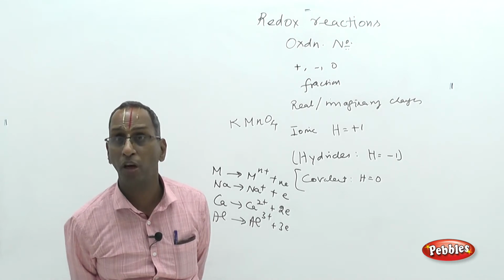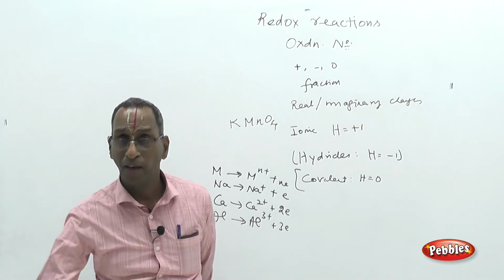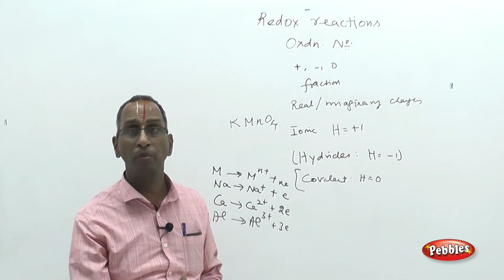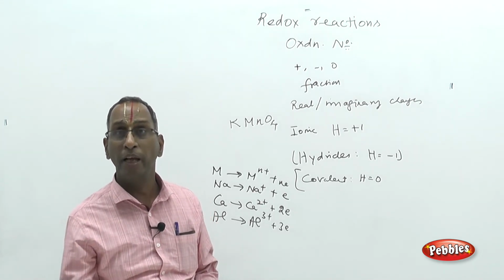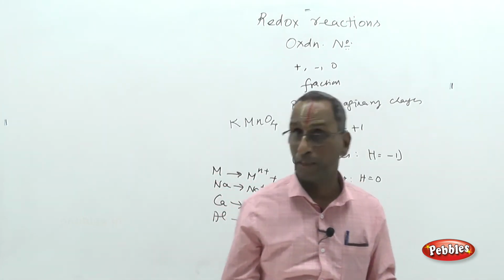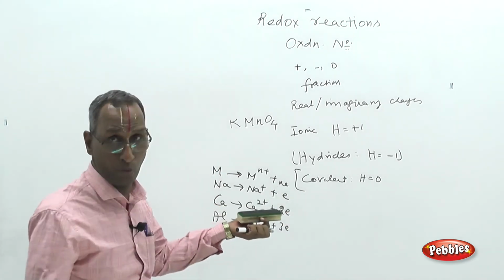Sharing is not coming here, only complete losing of electrons, because only after complete losing one becomes positively charged, another becomes negatively charged. But whenever there is sharing, none of them is ionic. Methane is a covalent compound only.